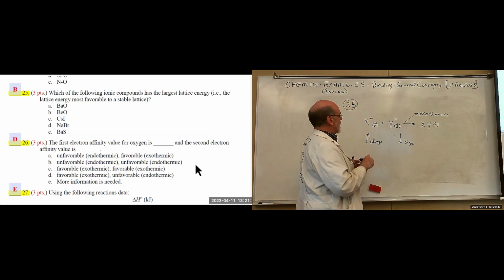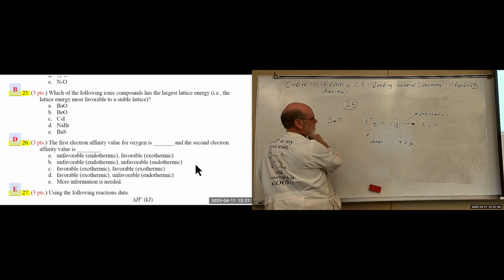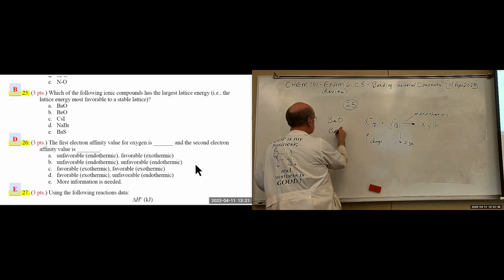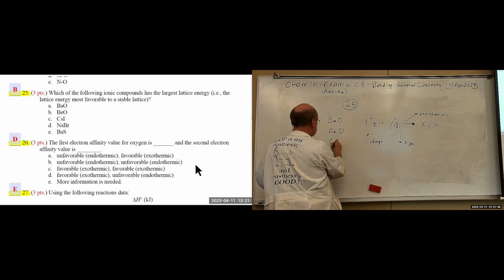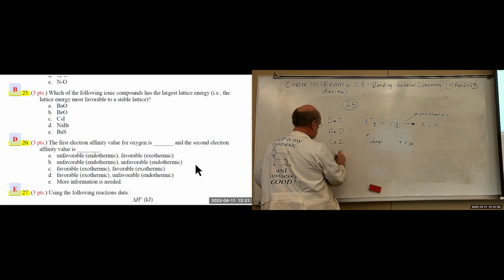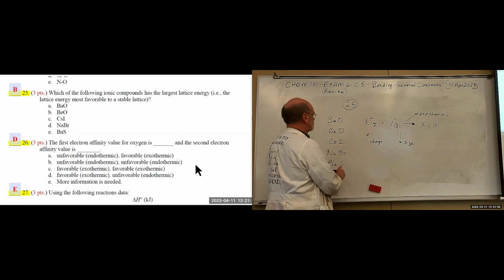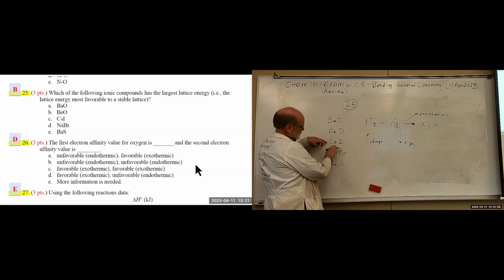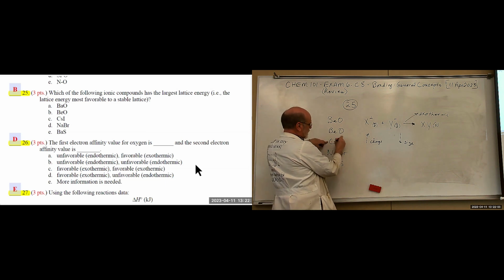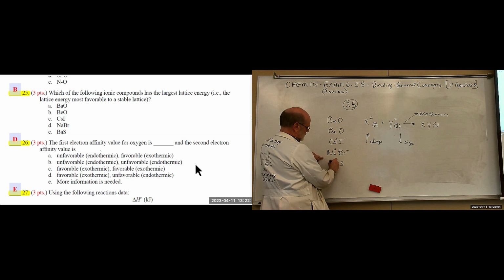So let's look at what we've got. Barium oxide, beryllium oxide, cesium iodide, sodium bromide, and barium sulfide. Right? So cesium and iodine are both going to be single charged. These are single charged. This is a double charge.